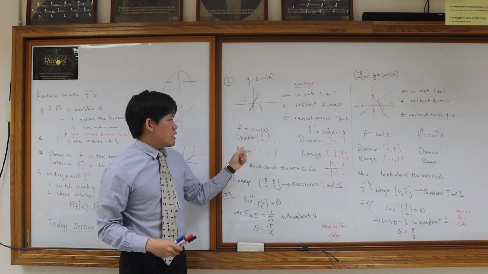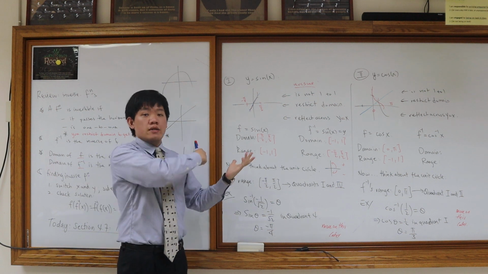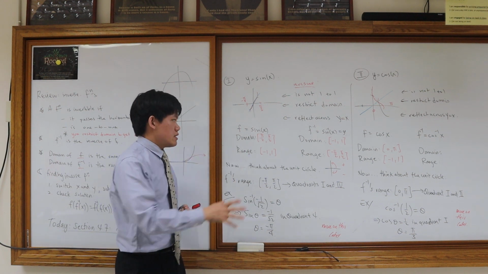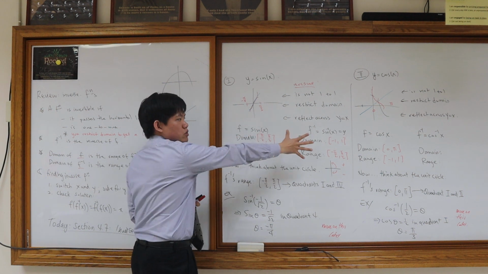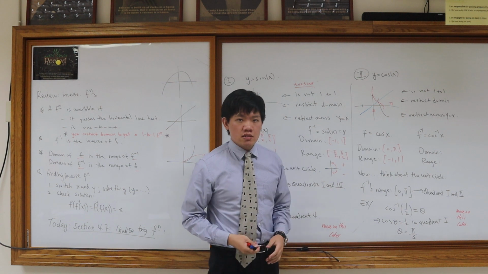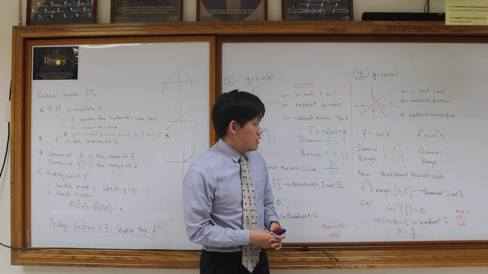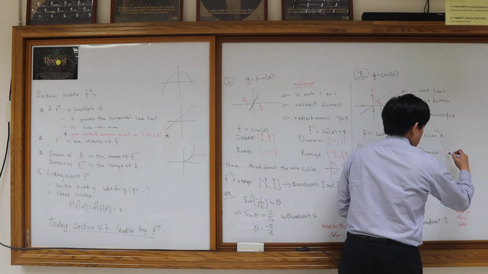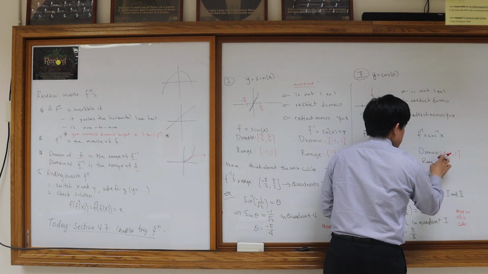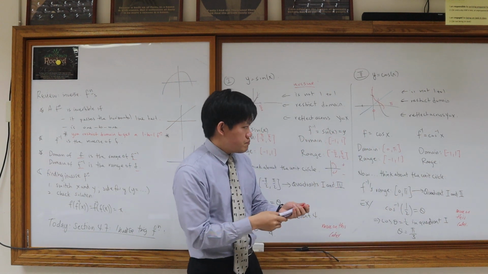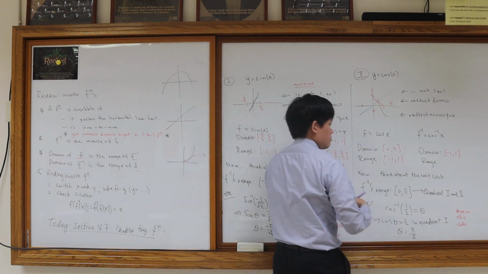The domain and range for sine, as always, is negative infinity to positive infinity, all real numbers, and my range is negative 1 to 1. This is just to set things up so you can see the inverse of sine. The same works for cosine. So my domain here is going to be negative 1 to 1, again square brackets, and my range here is going to be 0 to pi.